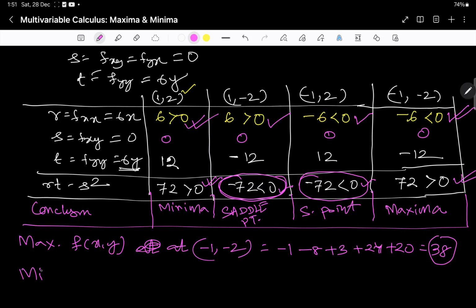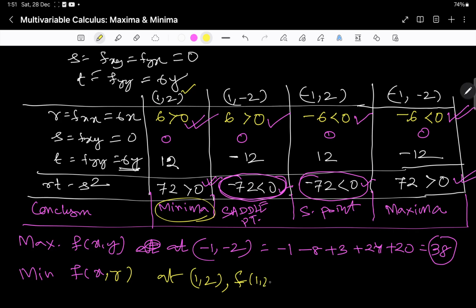And what is the minimum value of f(x,y)? The minimum value is at the point (1, 2), right? You substitute (1, 2) and it will be f of (1, 2), right?